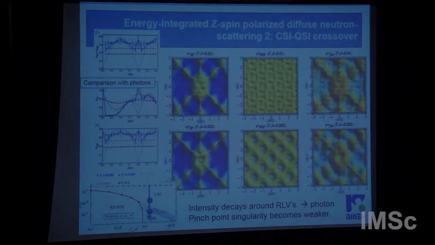And we see some changes here, but there's some error, so it's not really a prominent feature. But further cooling the system to 10 to the minus 3, now we clearly see a decay of the intensity around the gamma point or some other remnant pinch points.